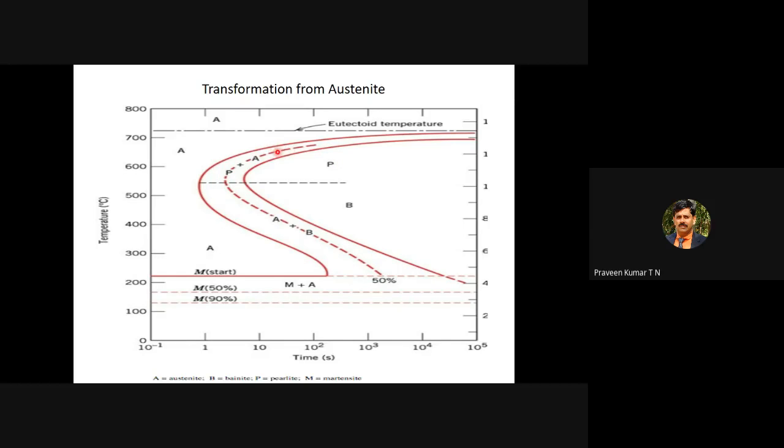In between, during the process of transformation, there may be both pearlite as well as austenite. Suppose 20 minutes is required for complete transformation from austenite to pearlite. If you remove the component in between, then there may be 50% austenite and another 50% pearlite.